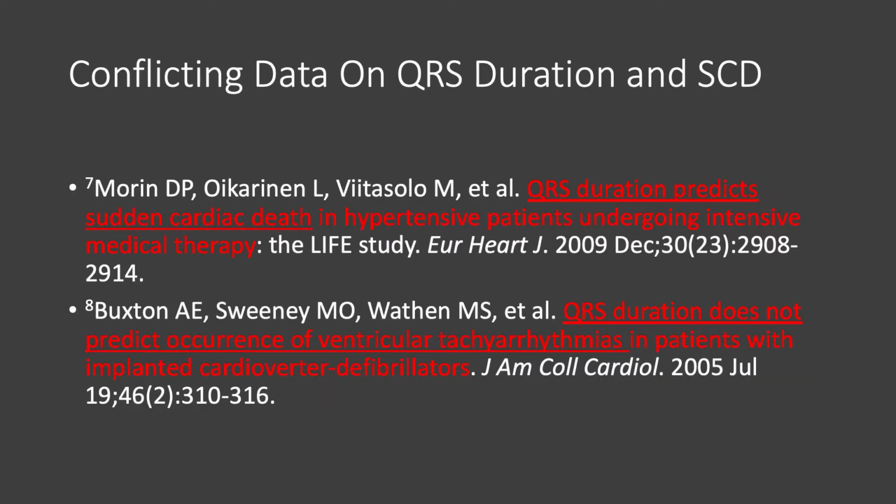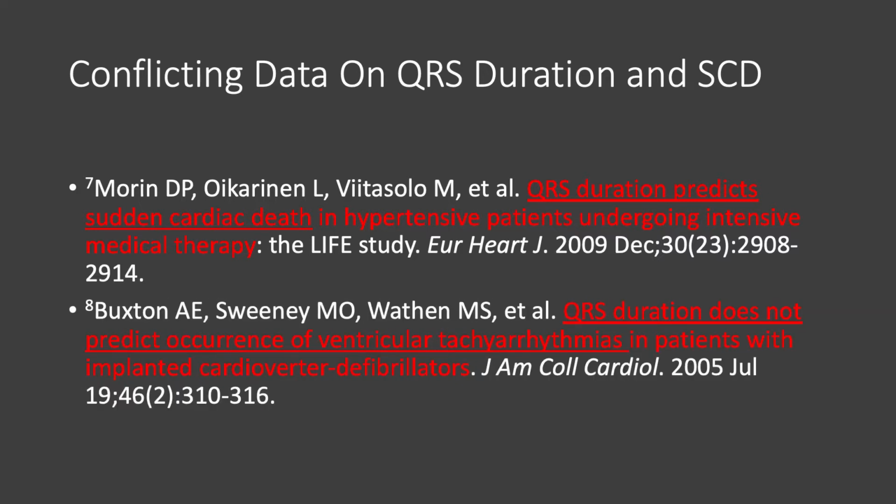The data on the impact of QRS duration on sudden cardiac death are conflicting. Here I've listed 2 studies that illustrate that point. The first one is called QRS duration predicts sudden cardiac death in hypertensive patients undergoing intensive medical therapy.